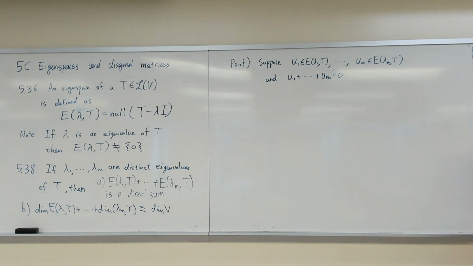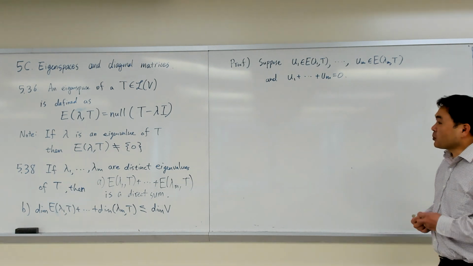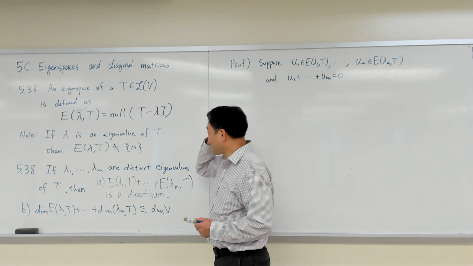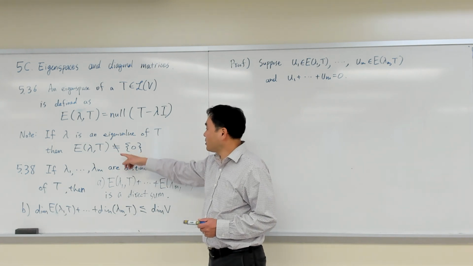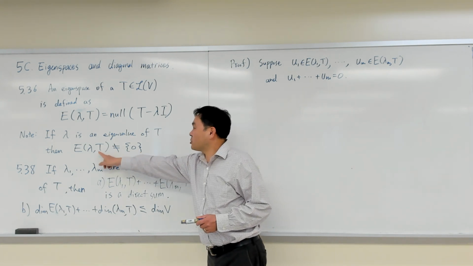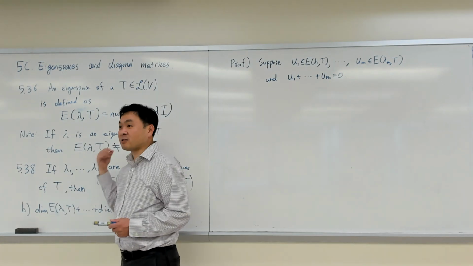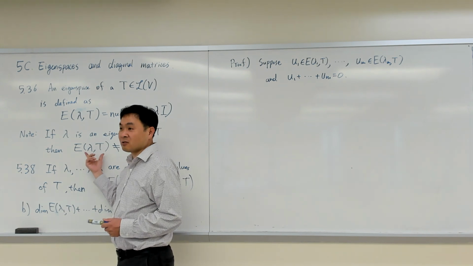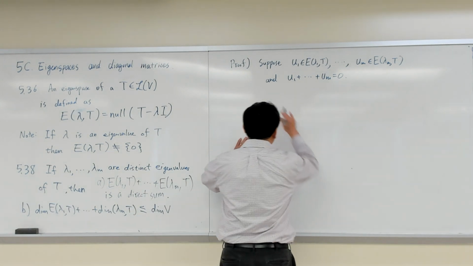Okay, so let's think about that. Now, what should have been said over here is that if you have any vector that belongs to this eigenspace that's non-zero, that immediately means it's an eigenvector. Okay, so let's just say something over here.